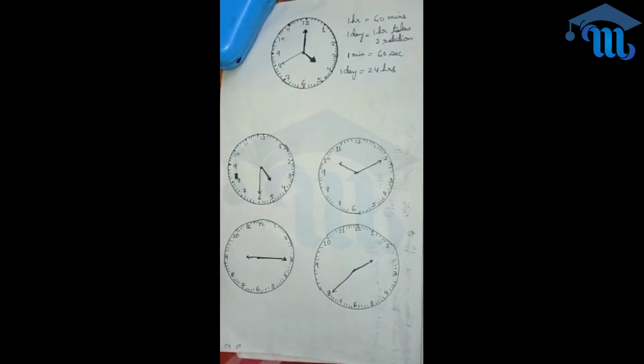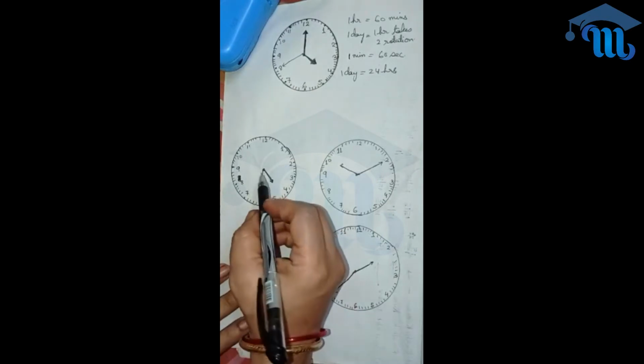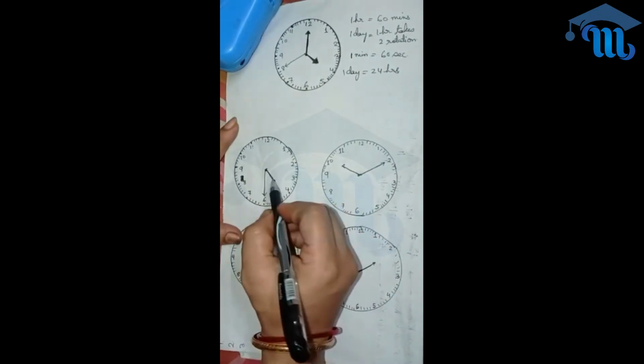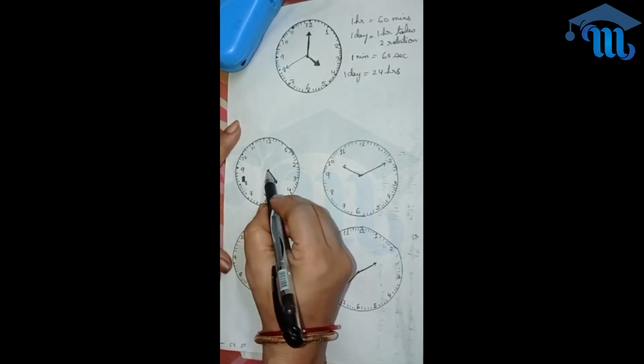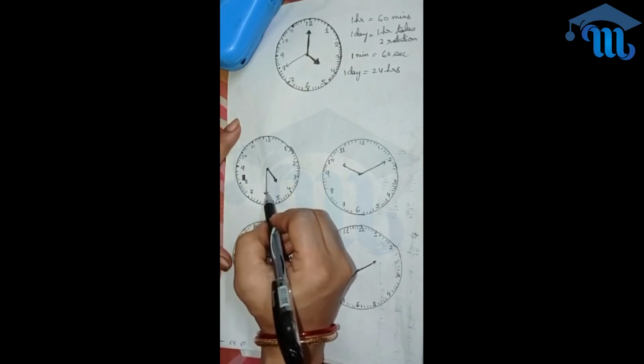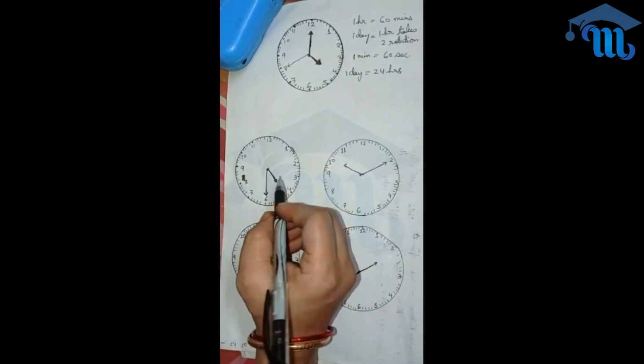Now see, this is a clock, and the hour hand is at 4 and the minute hand is at 6. So what is the time now? Can you tell me?